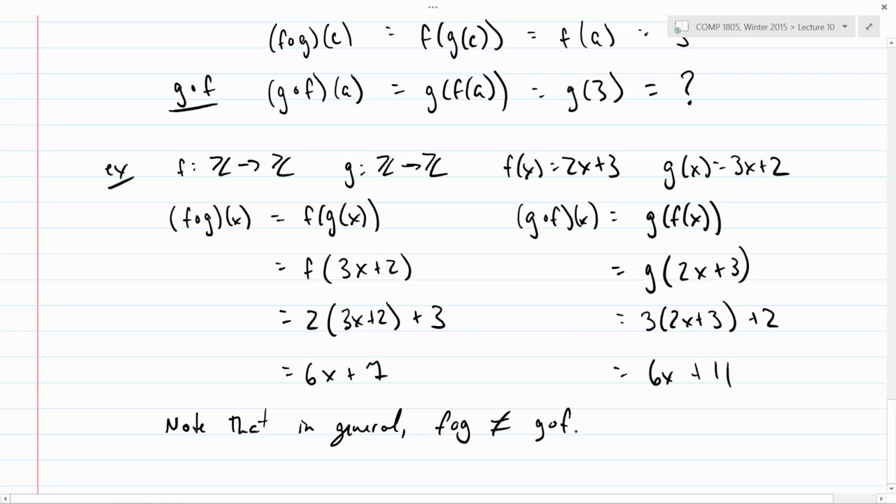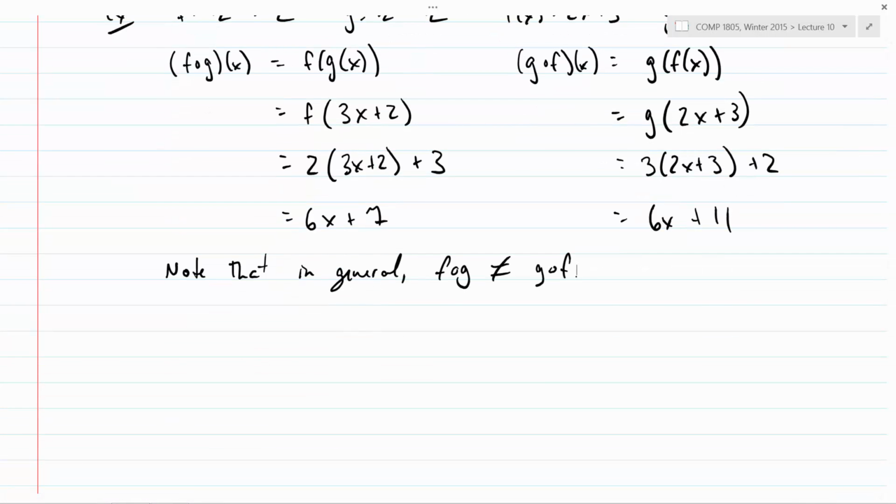Sometimes it does though, and that's the last question on your assignment. So I give you 2 types of functions, and I ask you, when are the compositions equal when taken in either order? Okay?